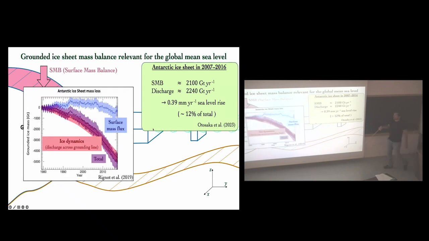And if you prefer curves, time series, you have the same here. This is the evolution of surface mass balance, so it's pretty flat. And this is the total contribution in purple, and in red it's the part coming from the ice dynamics. And you see that really the ice dynamics is what explains the imbalance of the Antarctic ice sheet.